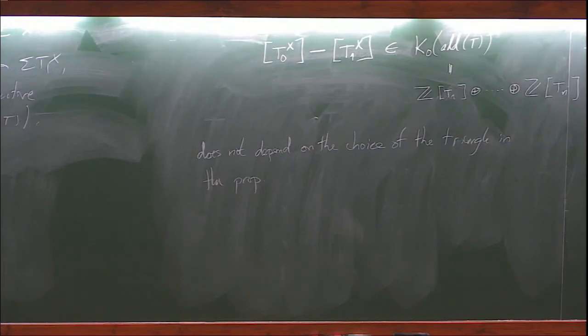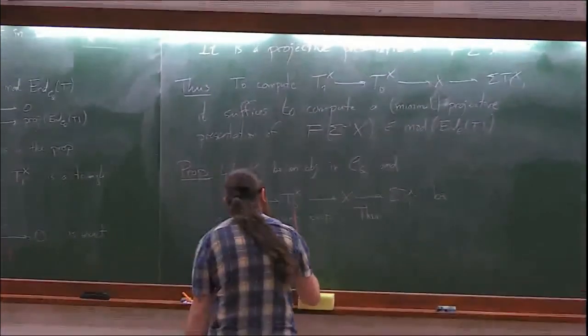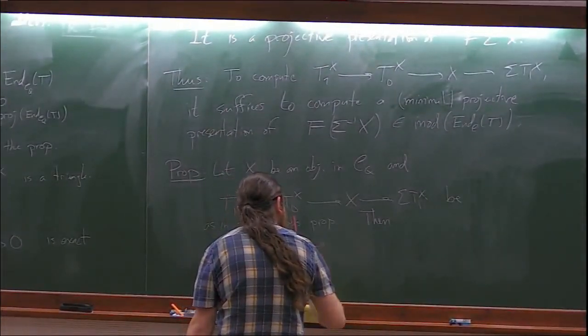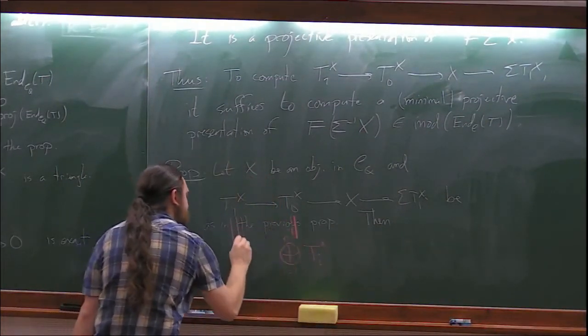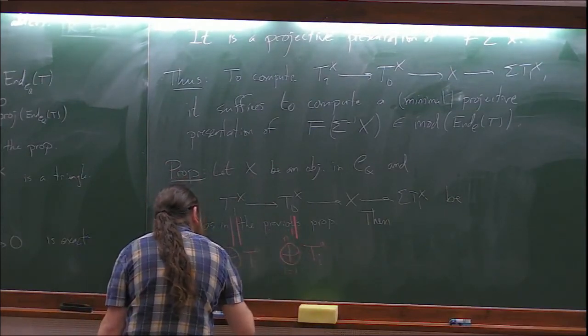So these two objects are direct sums of T1 up to Tn. So let's say that this one is a direct sum of Ti to the power Ai, and let's say that this one is a direct sum of Ti to the power Bi.